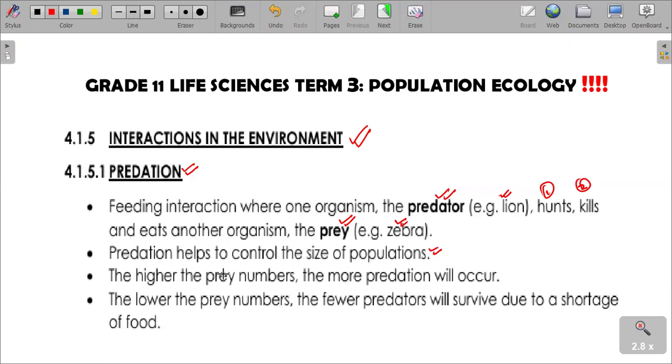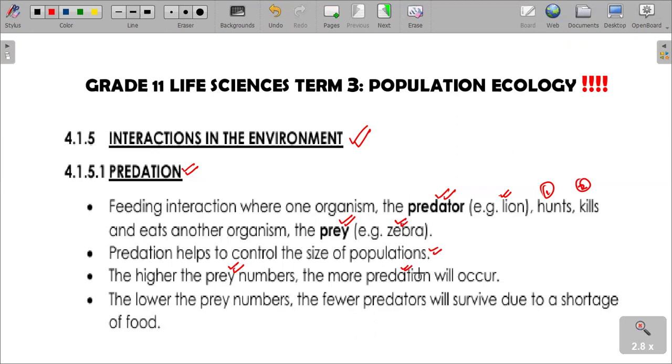Please understand this to say that if food is readily available, the population of the organism feeding on that food would also increase.